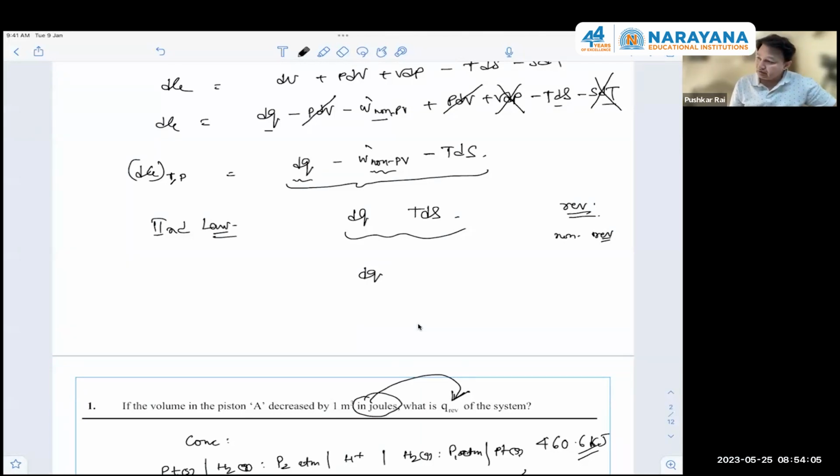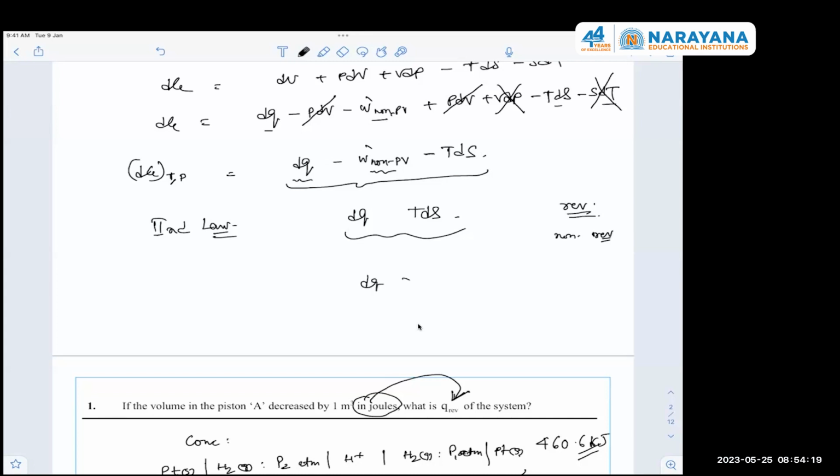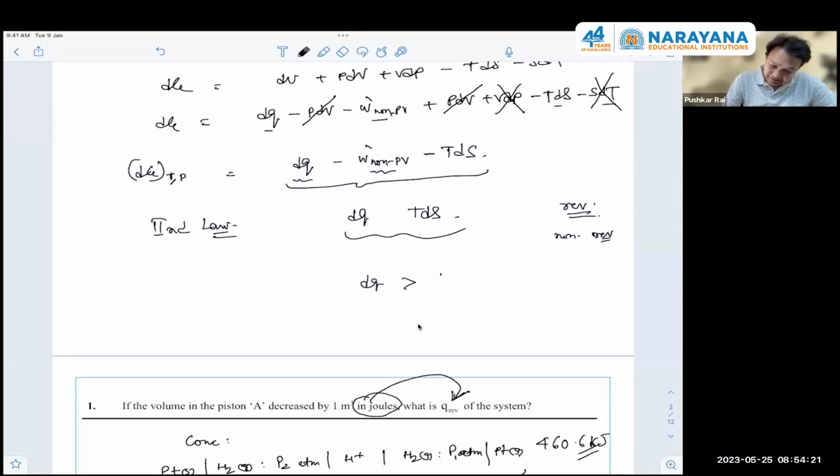I'll have to derive it. Sometimes I forget and I could not take the risk. So there are two ways of doing it, the standard way, and I think this is a very important result. dS is greater than or equal to, yes, very good, dq by T. Thank you. dS is always greater than dq by T. Fantastic.